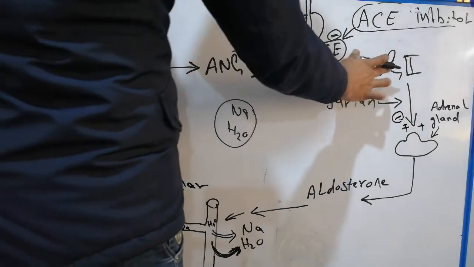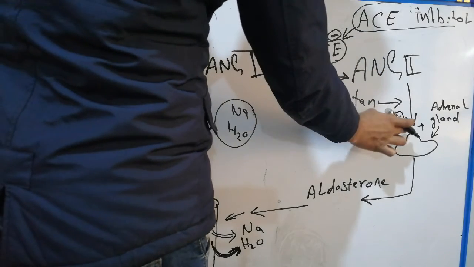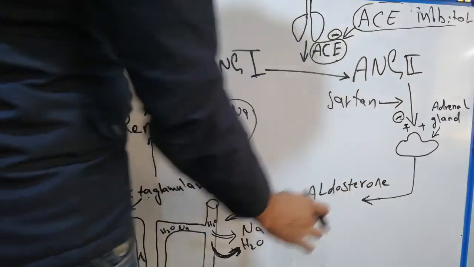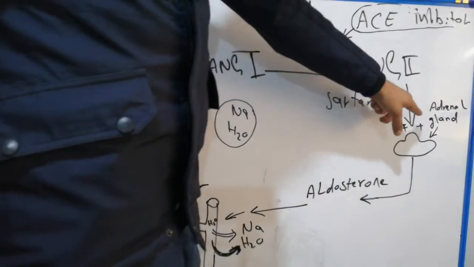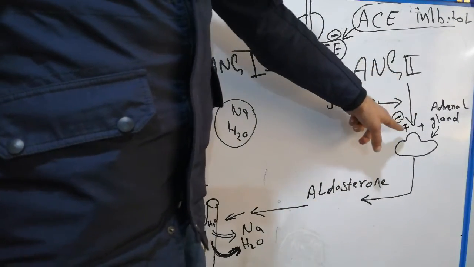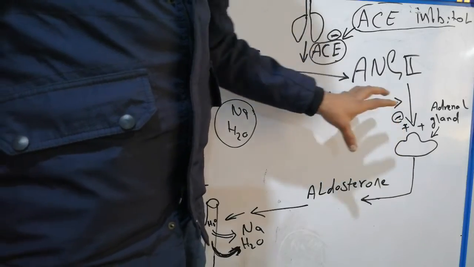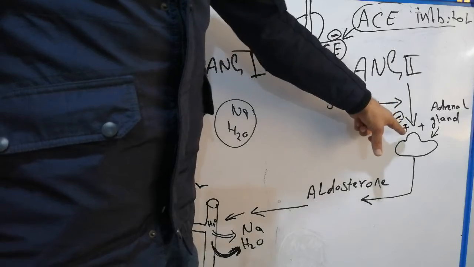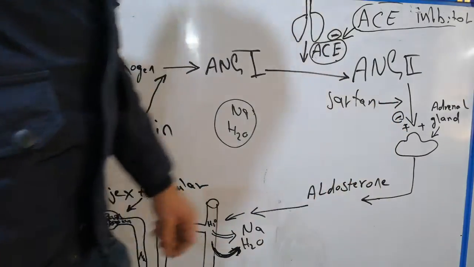So angiotensin 2 can't stimulate the adrenal gland to produce aldosterone.